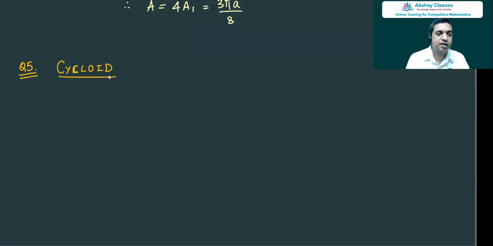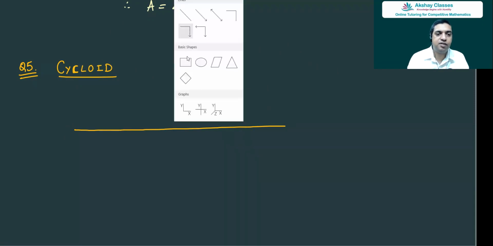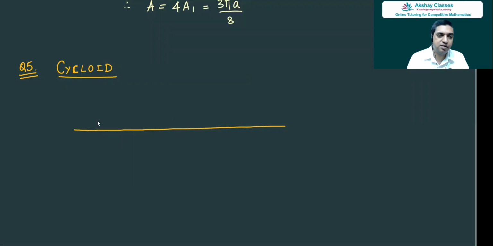As the name suggests, previously, in the hypocycloid, we had one circle rotating on the circumference of the other circle. In the cycloid, it is different.